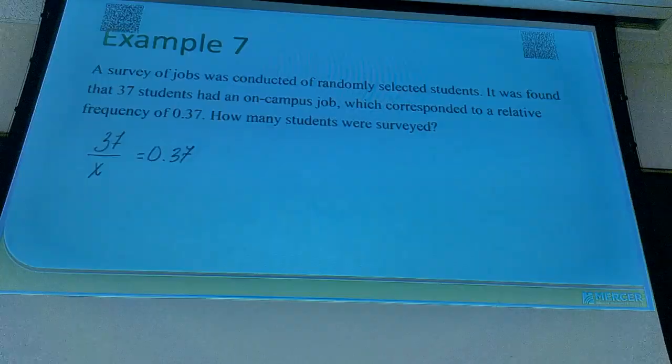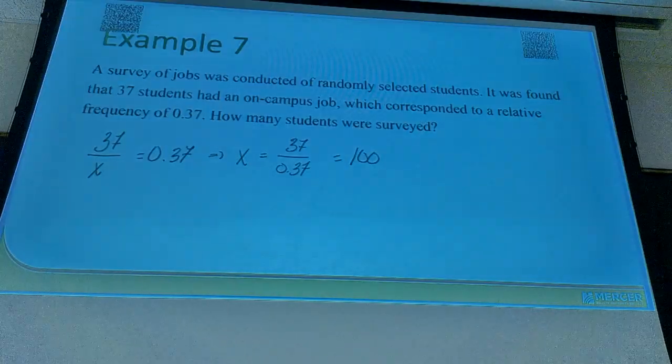So it would be 37 divided by 0.37. That was pretty easy. But that is how, in general, you would go about it.